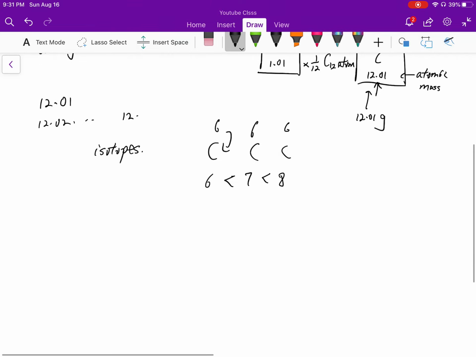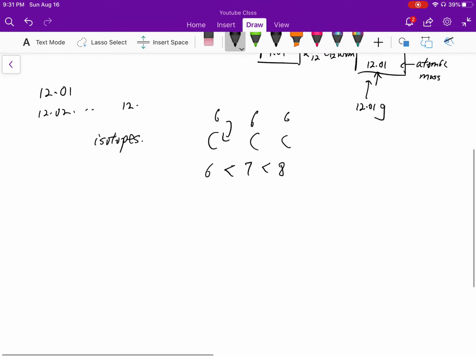That corresponds to the different abundances in nature. So in nature, on average, 98.9% of all the carbons have six neutrons, 1.1% have 7 neutrons, and 0% have 8 neutrons.